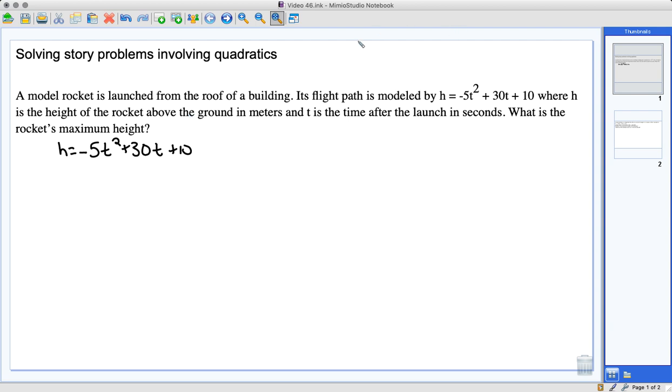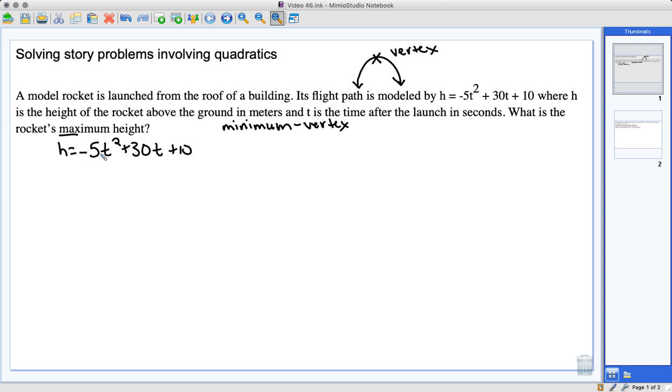So guys, when we graphed these way back when, you had the potential of getting something that looked like this, and our maximum height was what we called the vertex. So for this problem, we're going to find the vertex. Whenever you see the word maximum or minimum, we're going to find the vertex.